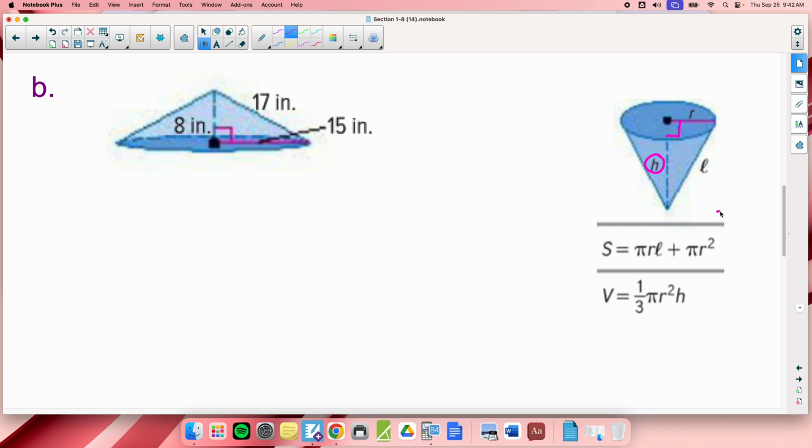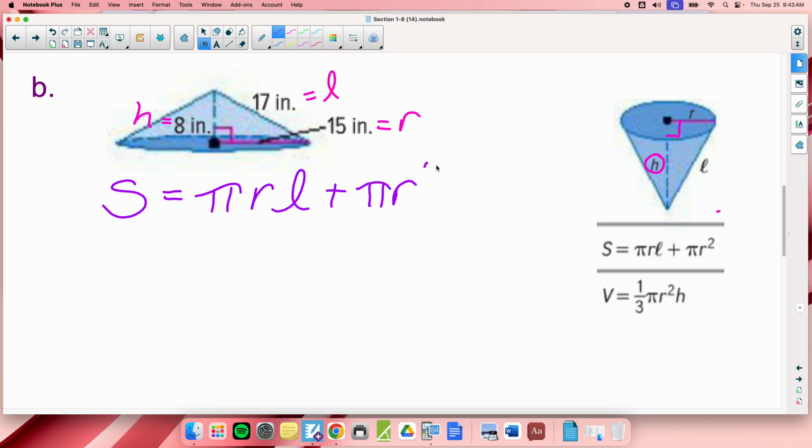So let's go ahead. What is our radius here? 15. What is the regular perpendicular height? 8, and that's our H, and the slant height is the cursive L, okay, and that is our 17. So here's what we're gonna do. We're gonna copy this down. Our surface area is pi times the radius times the slant height plus pi times our radius squared. Okay, so here's what we do.